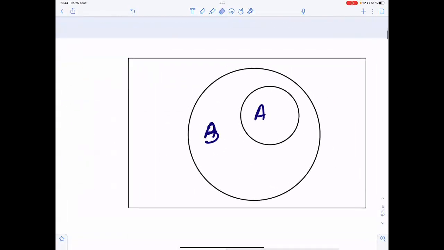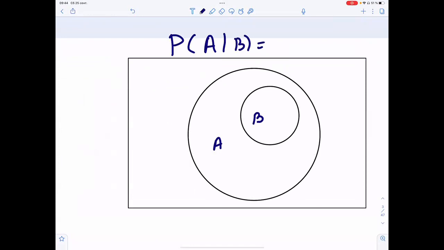If your condition is fully inside your main event, then let's analyze what P(A given B) will give you. We know that B happened, all right? So we are in the middle of this circle somewhere.